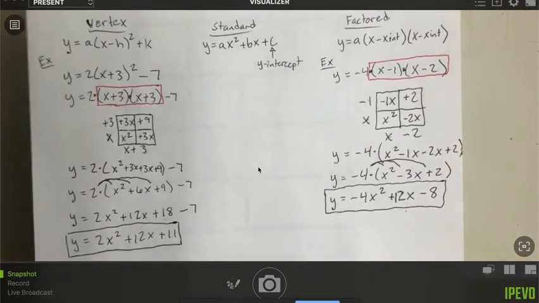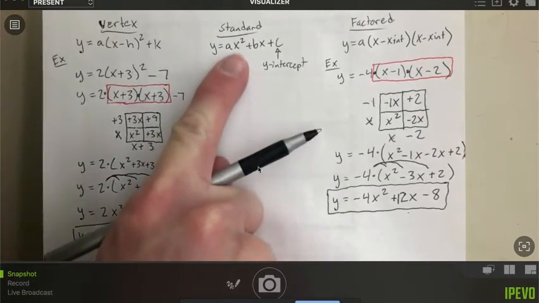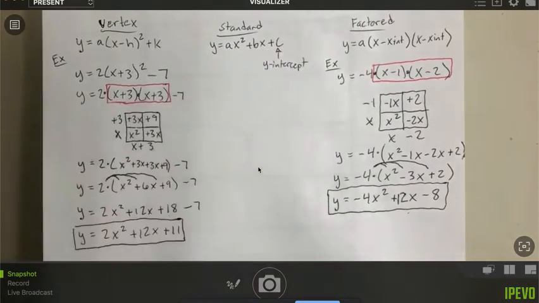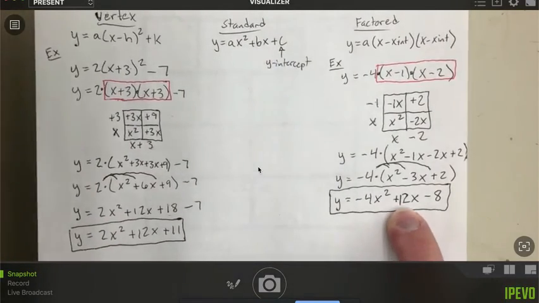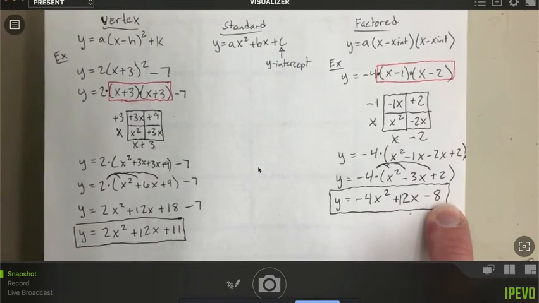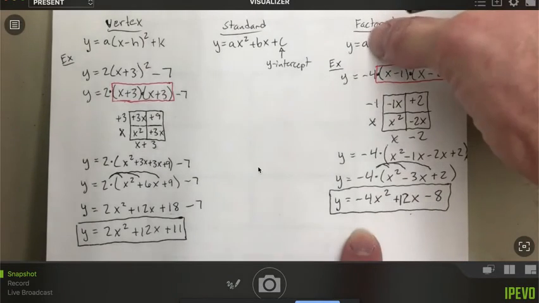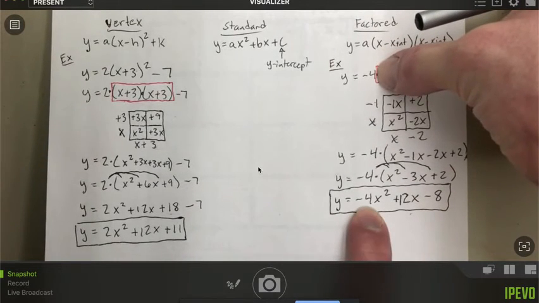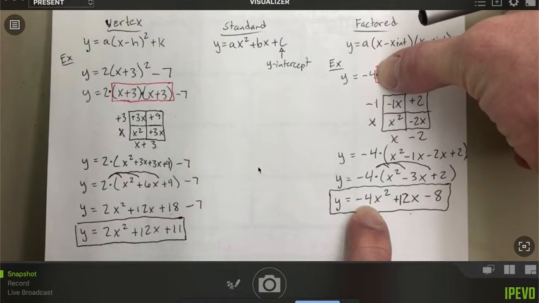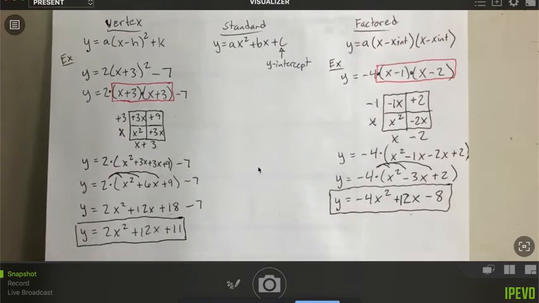All right, and once again, this is in the form of ax squared plus bx plus c, where a is negative 4, b is 12, and c is negative 8. And once again, notice how here my a value was negative 4, and in my final standard form, my a value is negative 4.